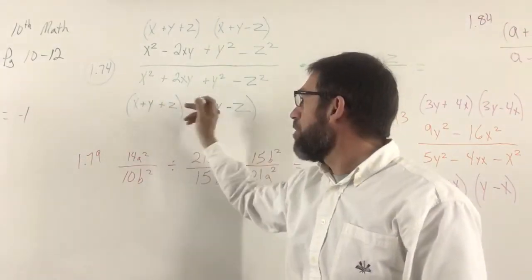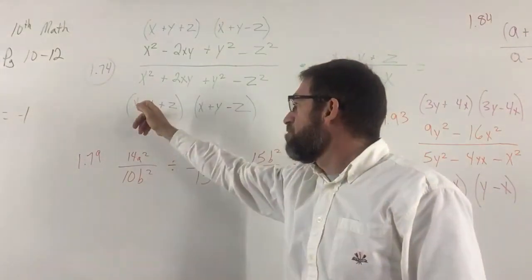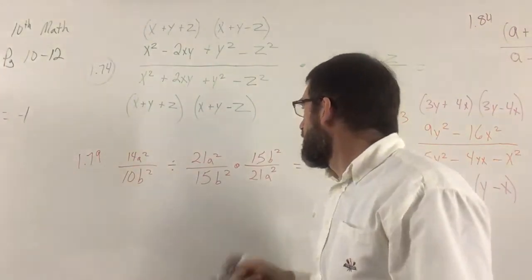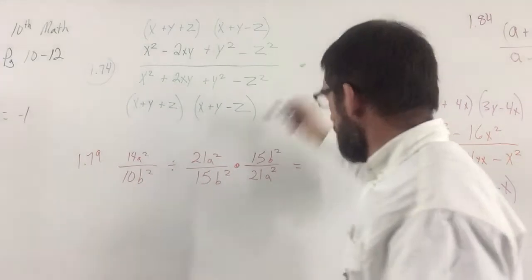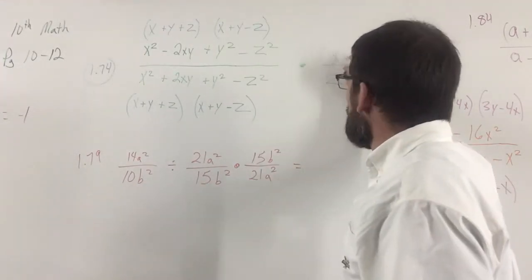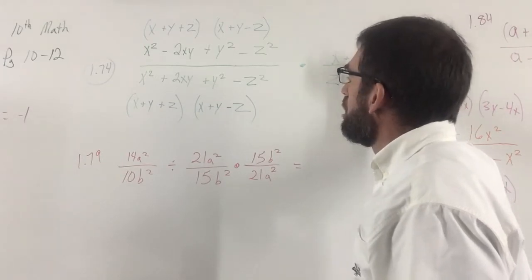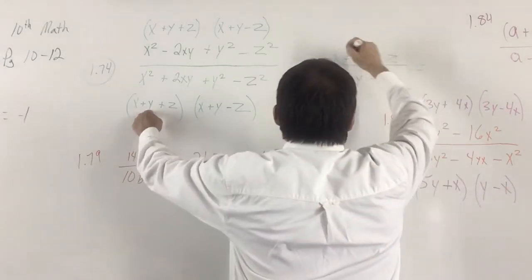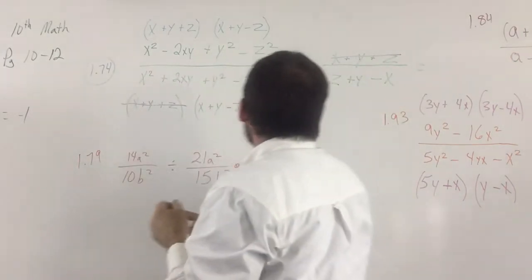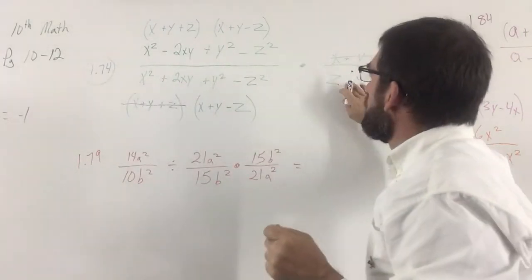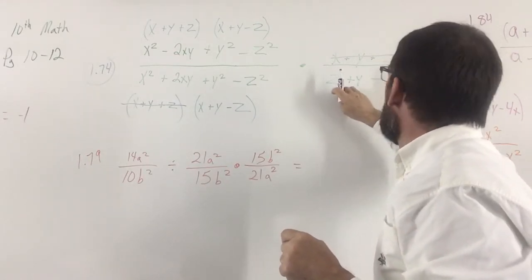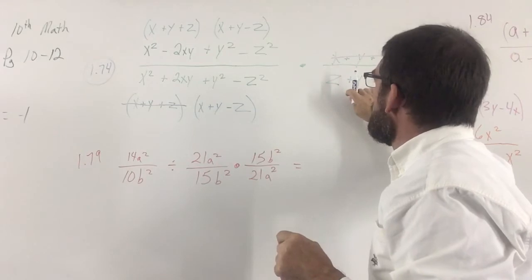They are the same problems, top and bottom, so you factor them out exactly the same. Now I cancel. I can cancel x plus y plus z here and here. Cross this guy, cross this guy. Now I can do this one: z plus y minus x.